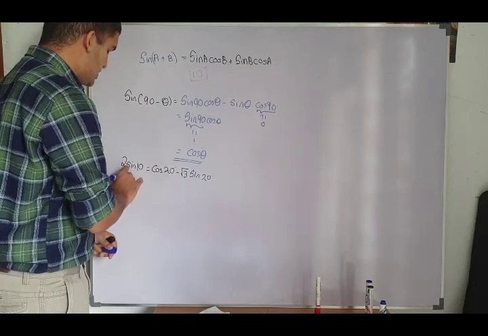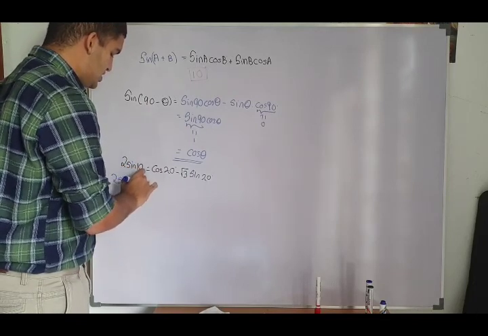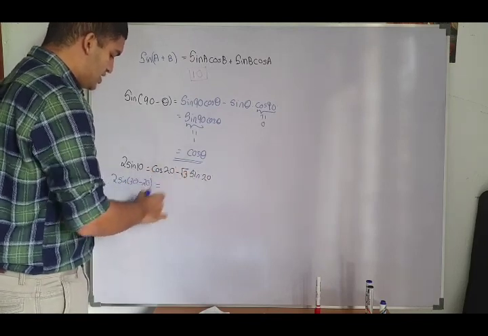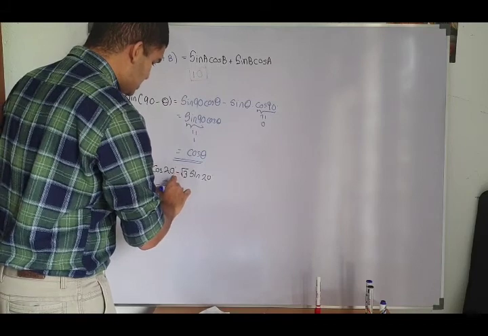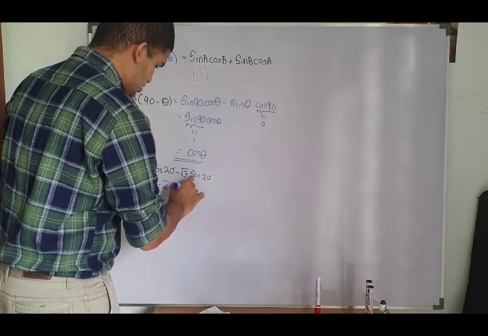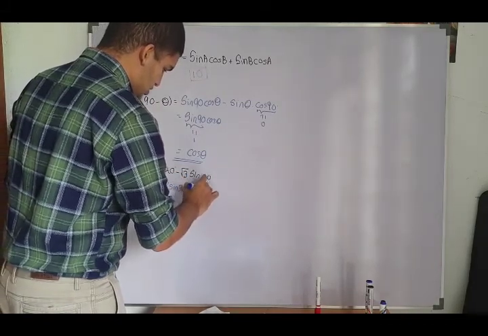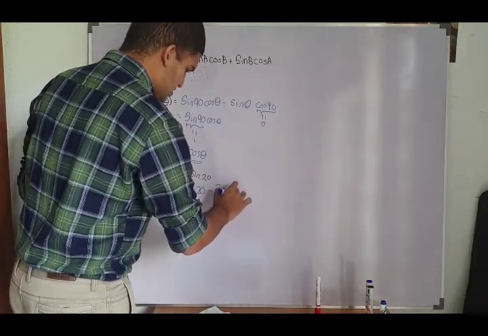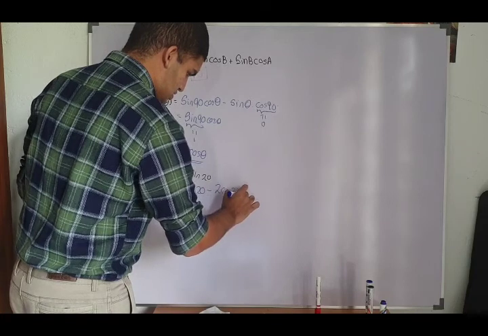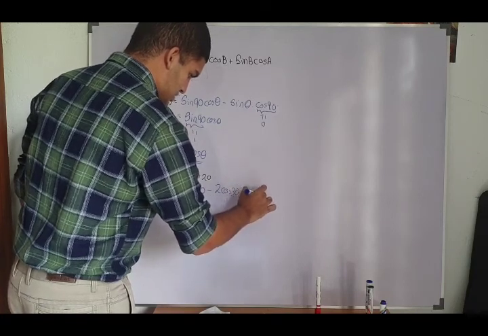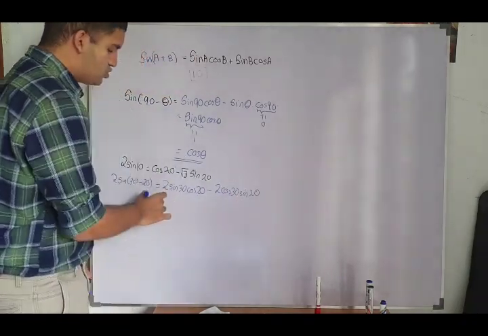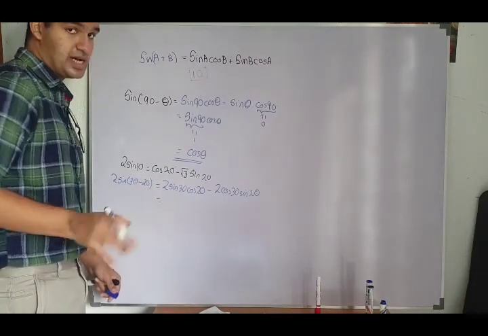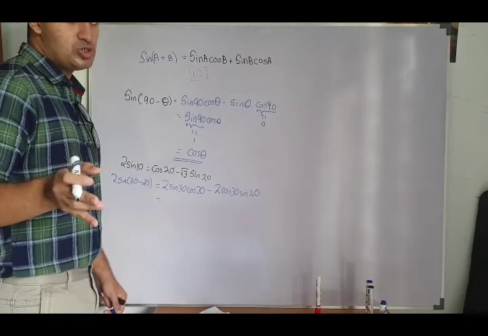2 sin 30 minus 20 is equal to this side, obviously. So 2 sin 30 cos 20 minus 2 cos 30 sin 20 is equal to, we know that sin 30 is a half, 1/2, right?